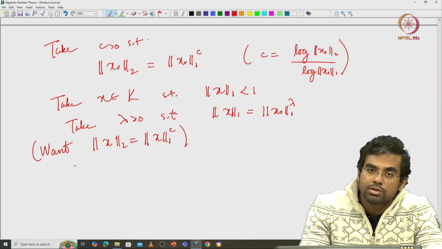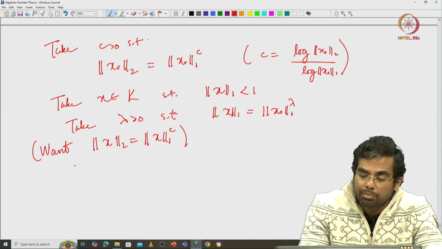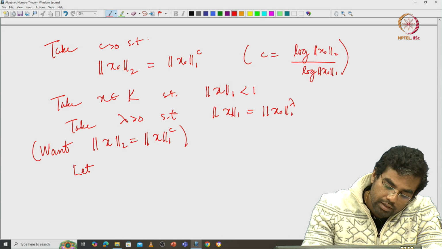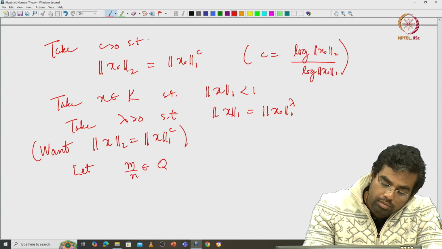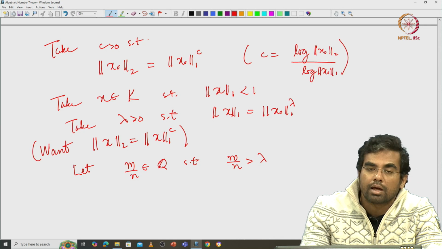So, it is easier to work with rational numbers. I am going to approximate this by rational numbers. So, let m by n be a rational number such that m by n is bigger than lambda.